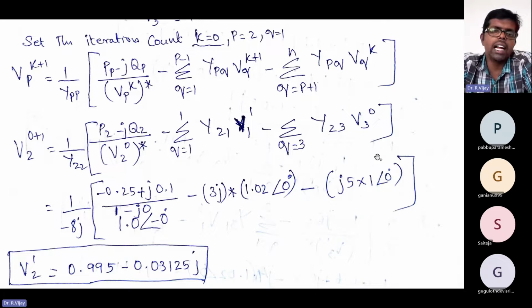So whatever value they have given, say for example 0.2524, you take it as it is, don't round it up. So now we got the value V2 dash equal to 0.995 minus 0.03125 j.